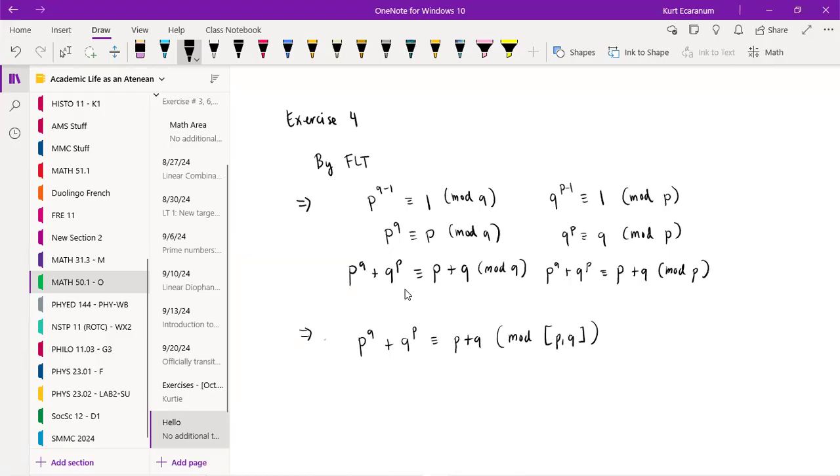But then, this is since relatively prime naman sila, ang GCD nila ay 1. So, we can just say that they are mod PQ and we're done. So, I just wrote it the same way. How Seth or some other person wrote this.